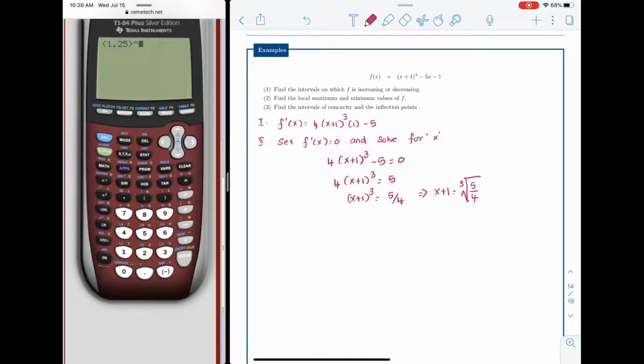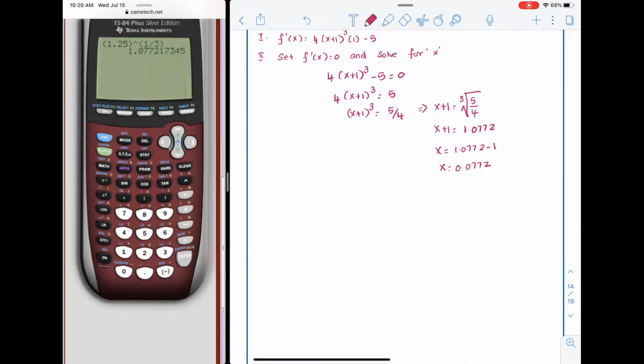Five over 4 is 1.25. I get 1.0772, so 1.0772 minus 1, we get 0.0772.